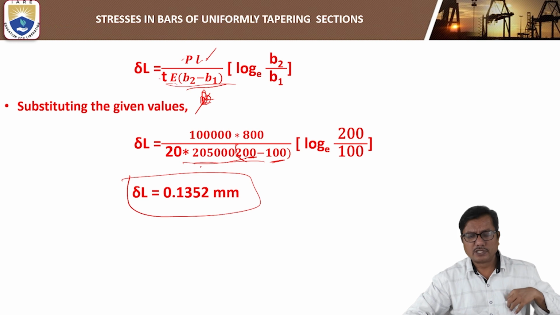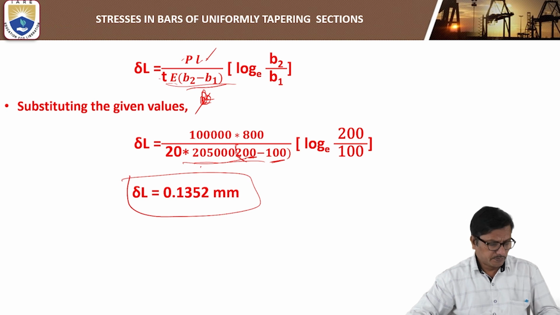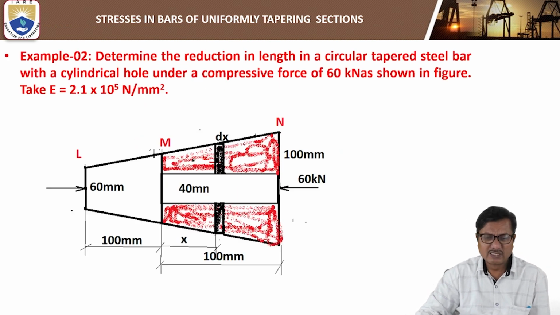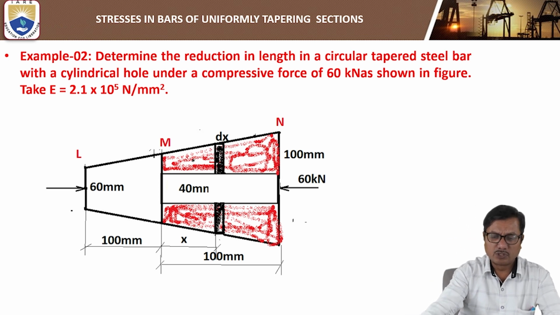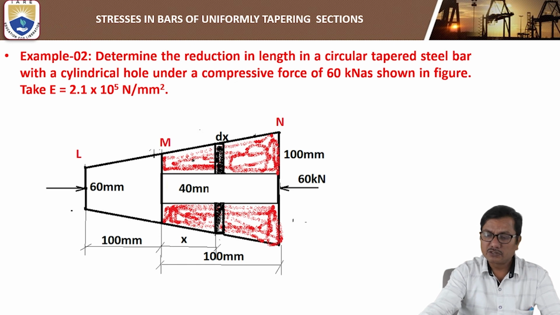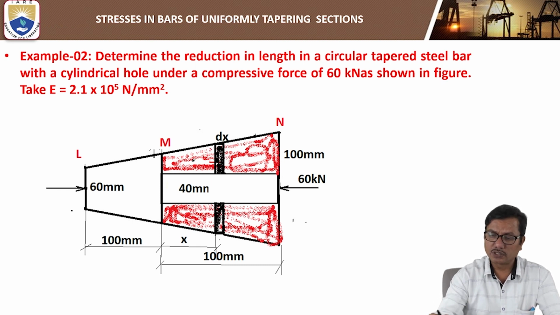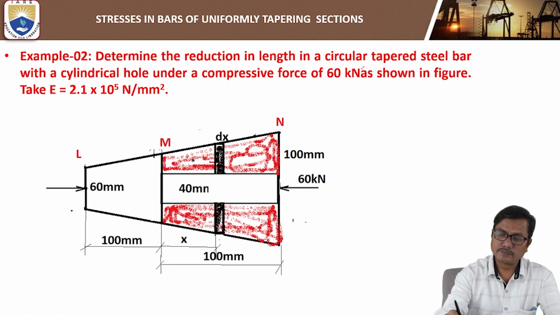Now the second example is something like this. Example 2 is about a tapering circular rod. Determine the reduction in length in a circular tapered steel bar with a cylindrical hole under a compressive force of 60 kilonewtons as shown in the figure.